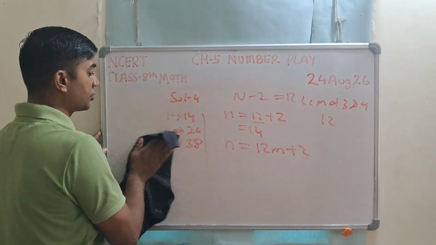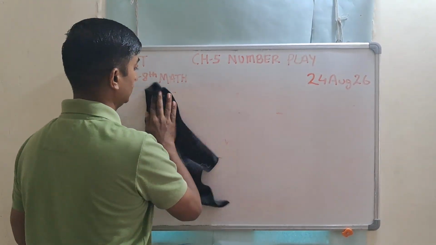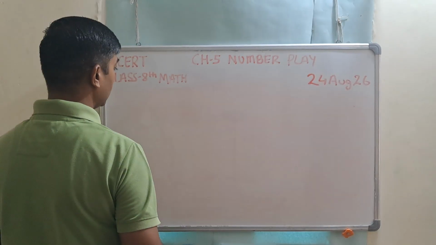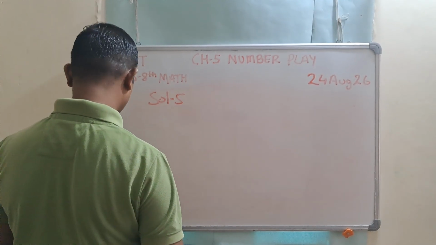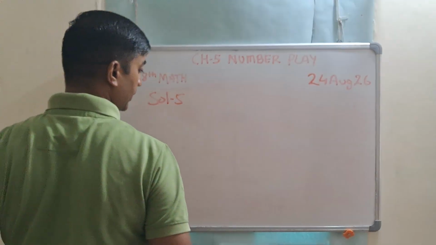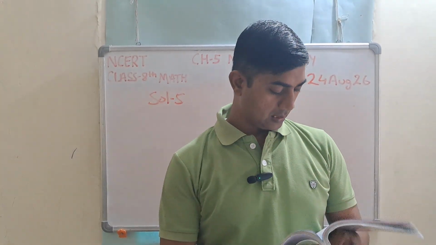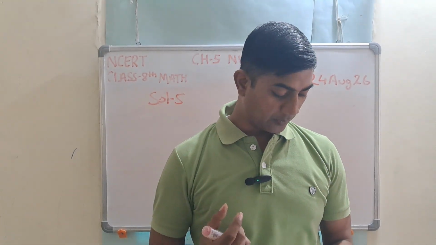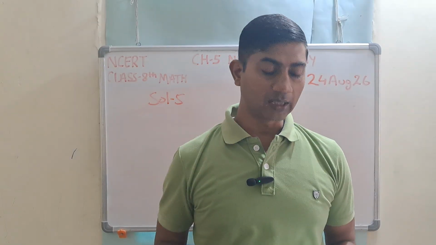Now we will move to question number 5, which is a puzzle. Let me explain the puzzle, then we will solve it. He is saying that he has some number of pebbles, not a very large number.